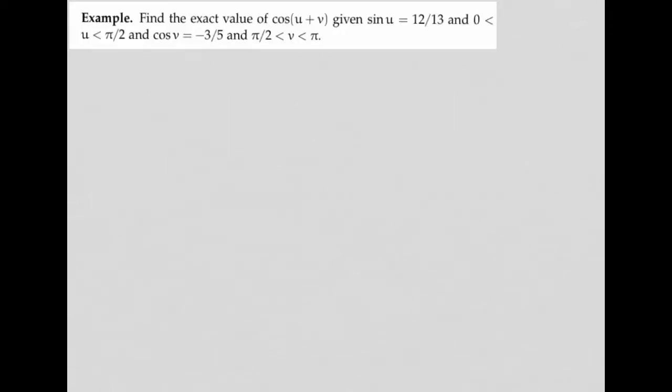Next, let's find the exact value of cosine of u plus v, given that sine u is 12 over 13, and u is between 0 and pi over 2 strictly, so u is an acute angle, and cosine v is minus 3 over 5, and v is an obtuse angle. It's strictly between pi over 2 and pi.